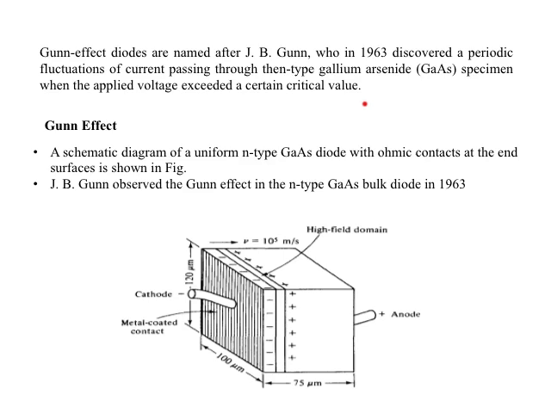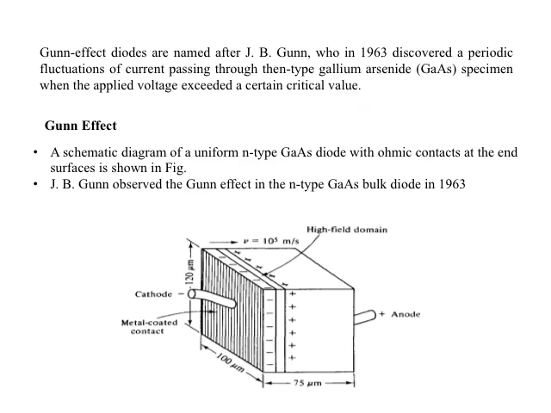What he found in 1963 is that in the gallium arsenide specimen, when some voltage was applied, he saw periodic fluctuations of the current, and they occurred when the applied voltage exceeded a certain critical value.